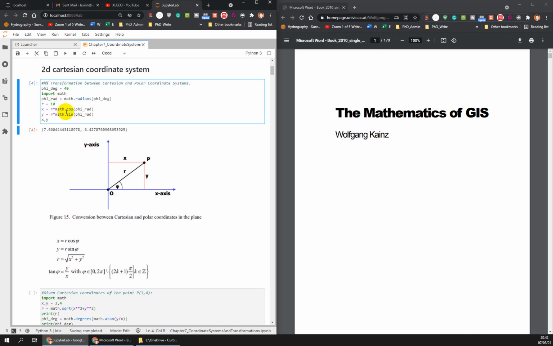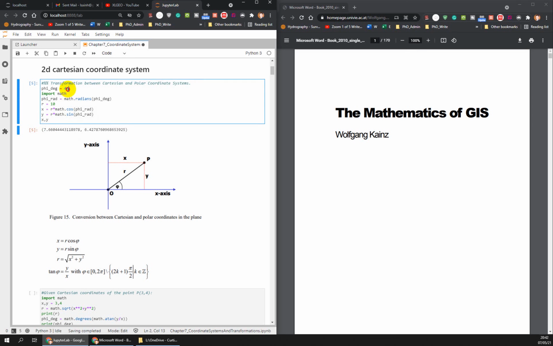After that, we can calculate x and y using this formula: x is r multiplied by math cosine of phi in radians, and y is r multiplied by math sine of phi in radians, and we get x is 7.6 and y is 6.4.